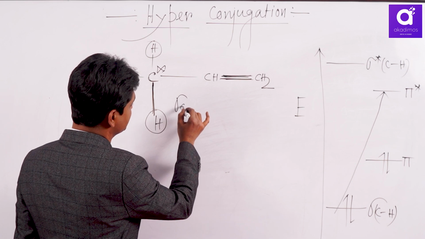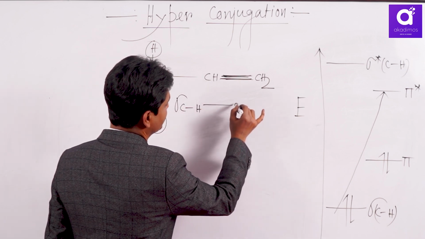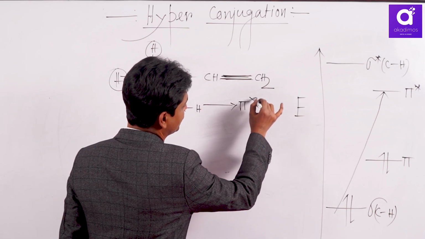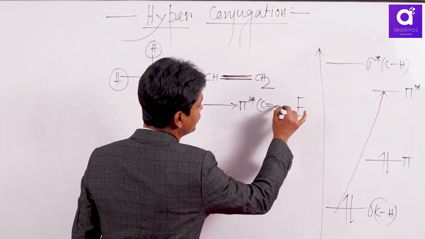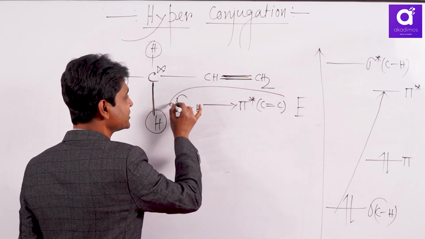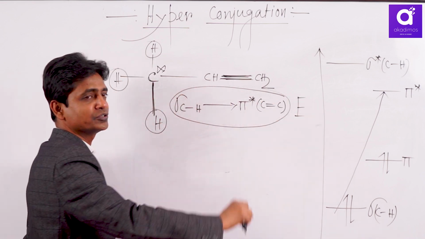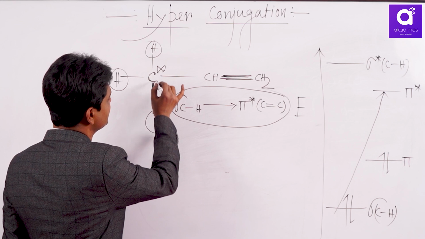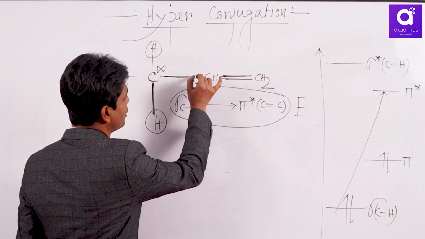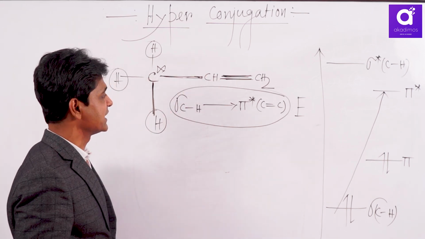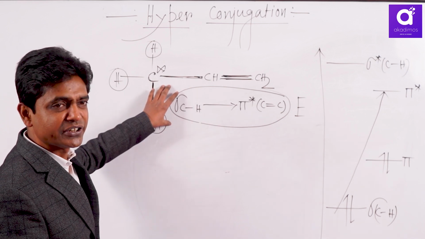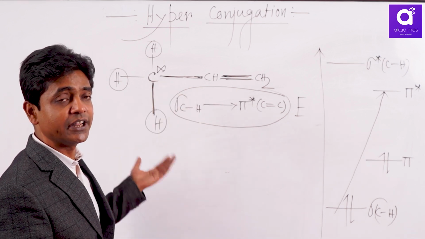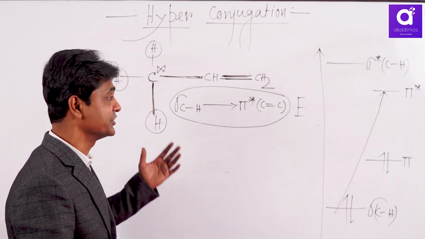Sigma CH bonding interacting with the pi anti-bonding of C double bond C. This additional interaction is hyperconjugation in alkene. That is not shown in the structure, it is not observed in the structure. This additional bond is already present in propene, and it will give additional stability.